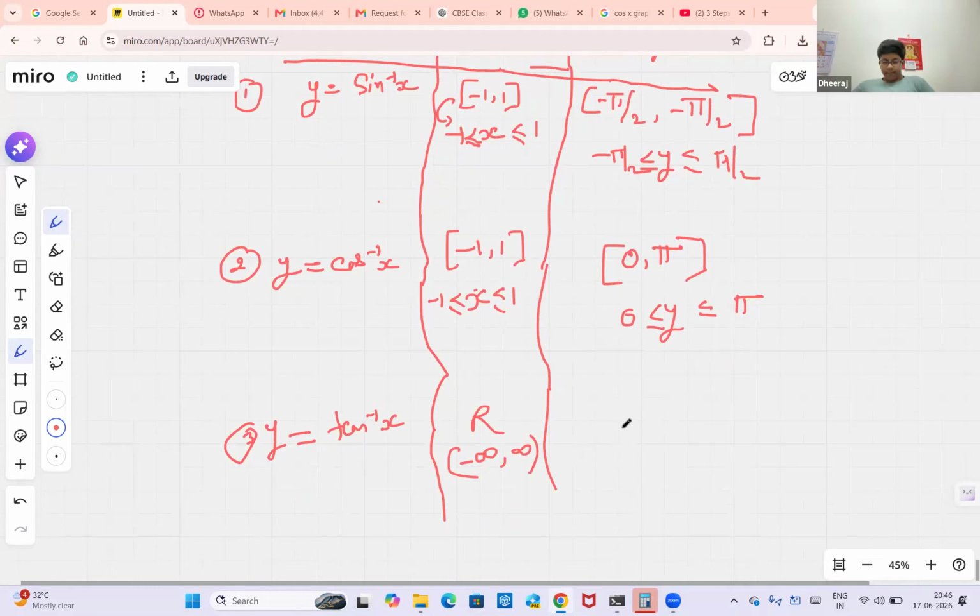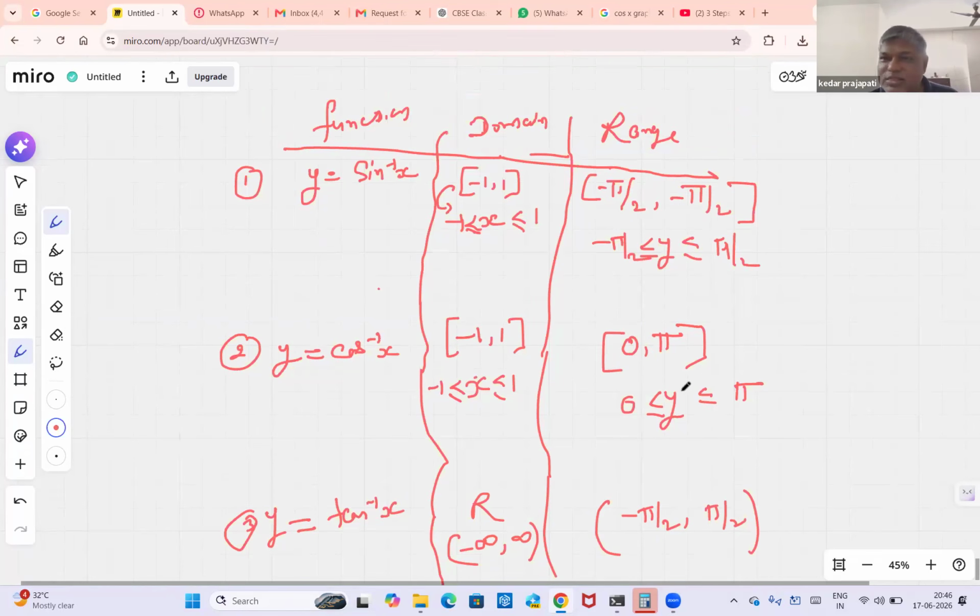So it is minus pi by 2 to pi by 2, both not included. Is this clear, Dheeraj, until here? These three graphs, this domain and range, please do not forget now. I hope you understood how to draw graphs and what the domain and range are. No need to remember anything else. This range is also known as principal values.